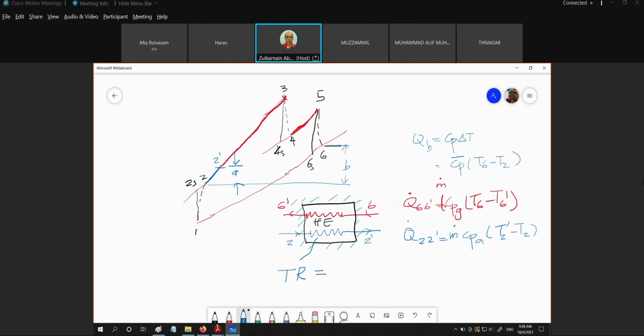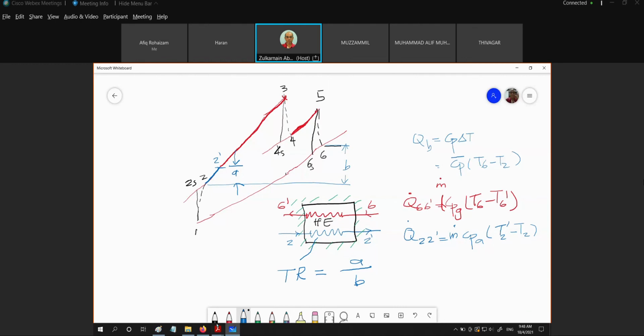So what is the thermal ratio? The thermal ratio is the ratio between the temperature increment for the air divided by the maximum possible increment of the temperature of air.